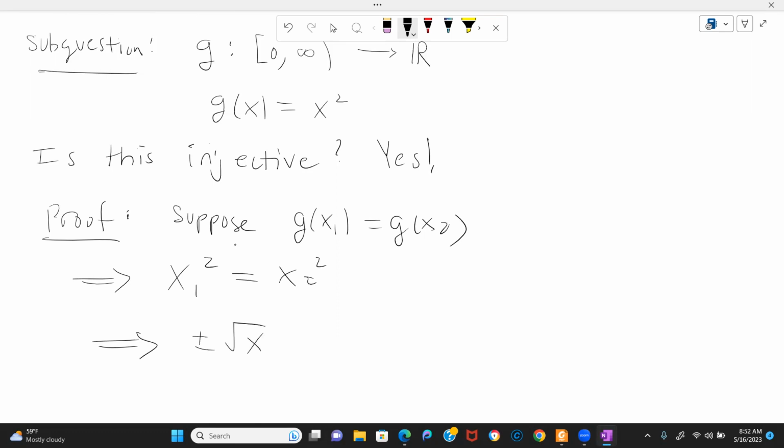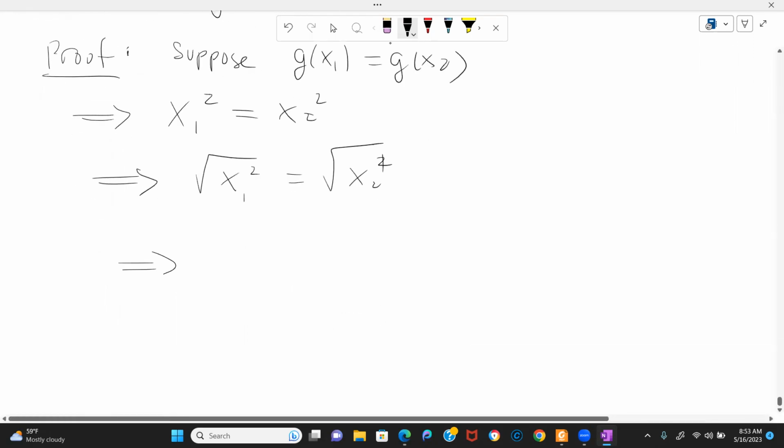It comes down to the fact that we are always going to take the positive root, because we're talking about positive numbers. So when you take the square root of x1 squared and the square root of x2 squared, this reduces down to the absolute value of x1 equals the absolute value of x2.